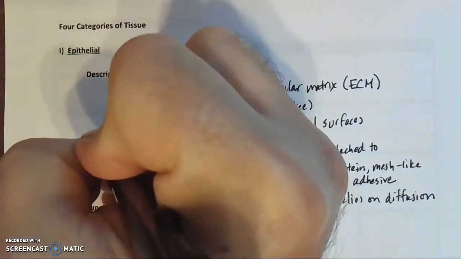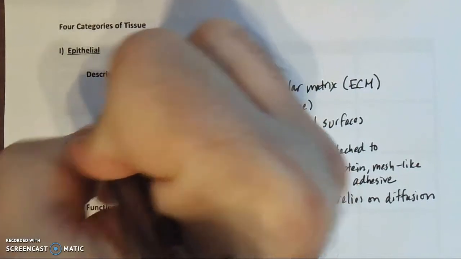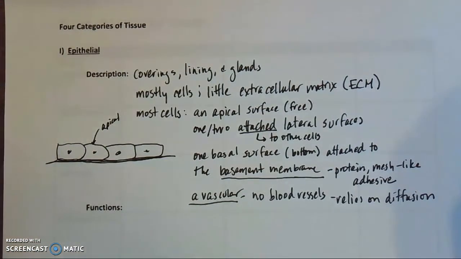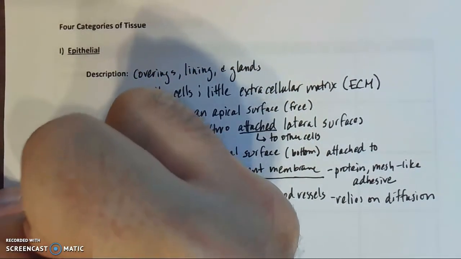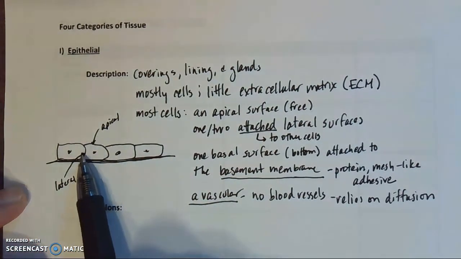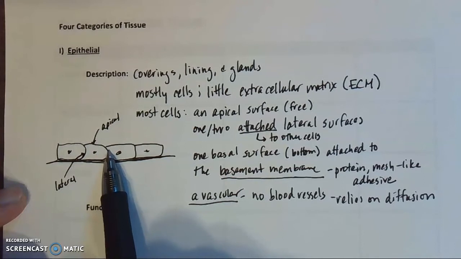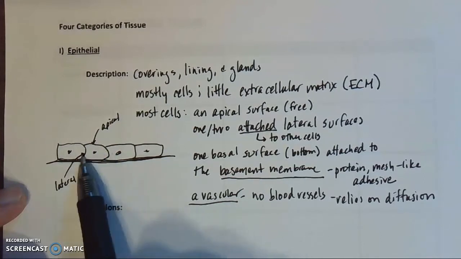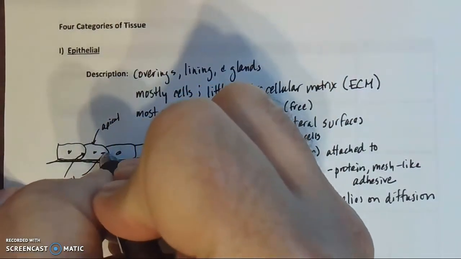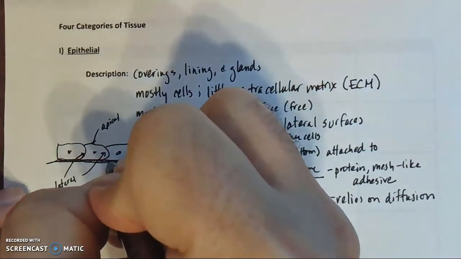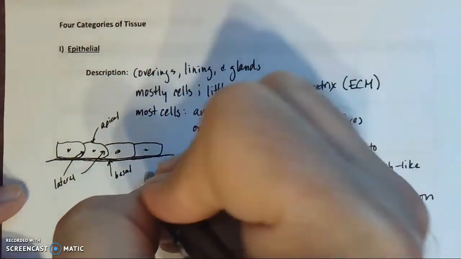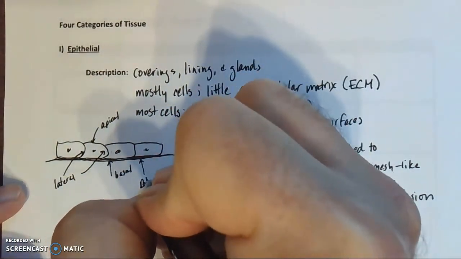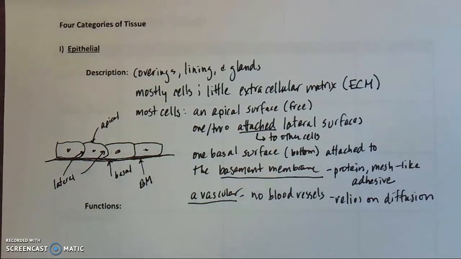Up here would be apical surface. This would be the lateral surface. So you can see that we're attached to one cell here. This cell is attached to two on either side. So lateral surfaces are here. And here is our basal surface, and we're attached to this basement membrane. So BM would be basement membrane.